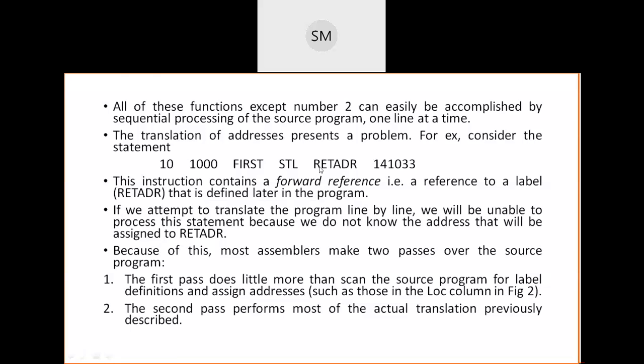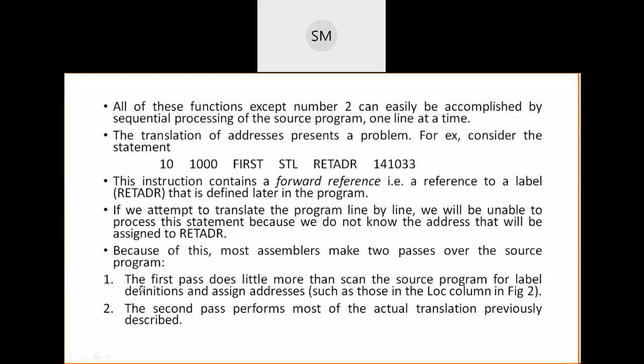Because of that, assemblers use a separate iteration, a separate step, for finding the addresses of all operands first. Once you find the addresses of all operands, it is very easy to convert this STL into object code. So first they will find out all the addresses of all the operands, then convert STL into object code.